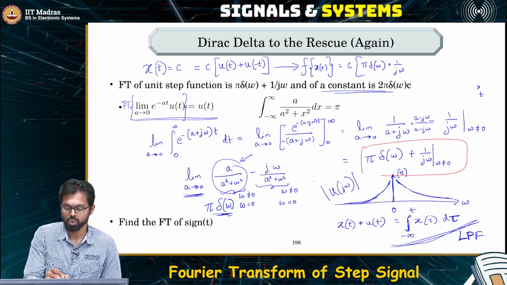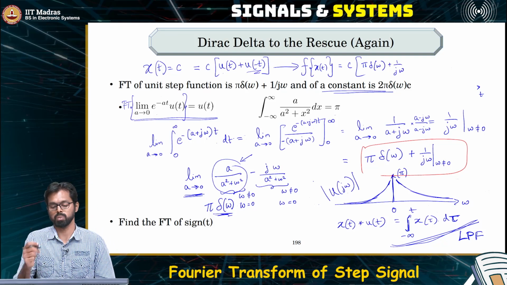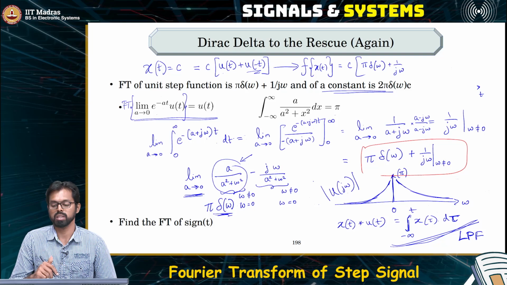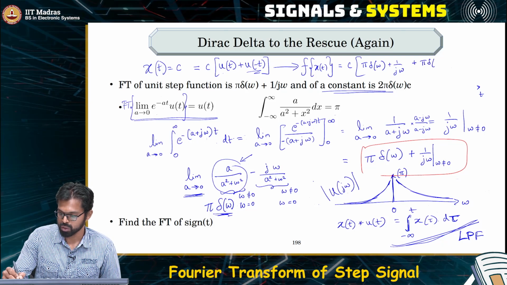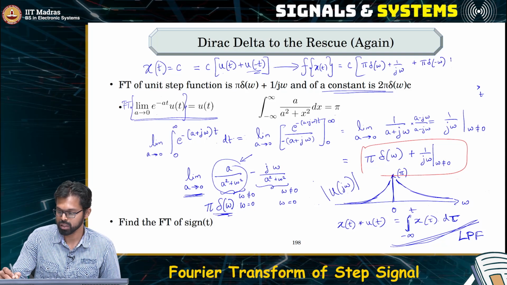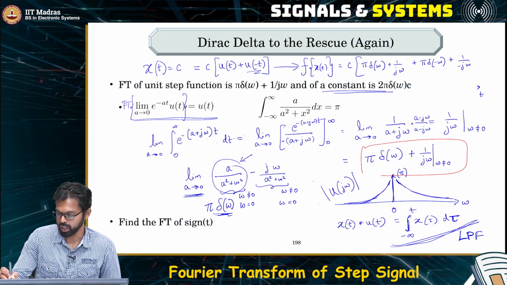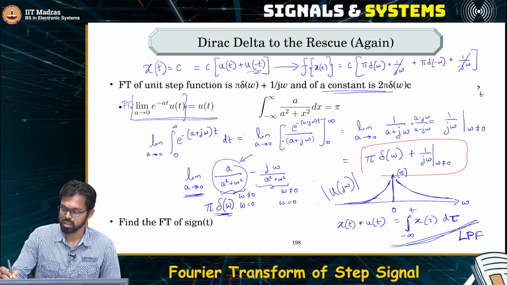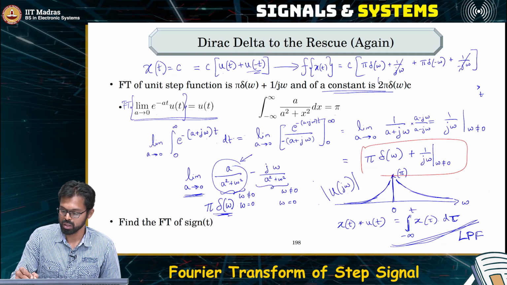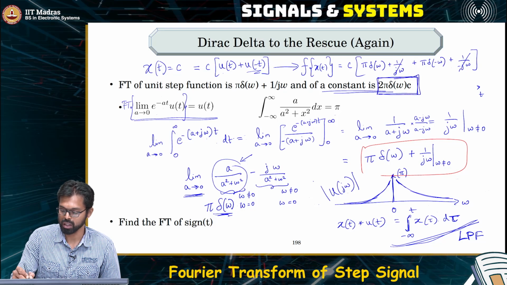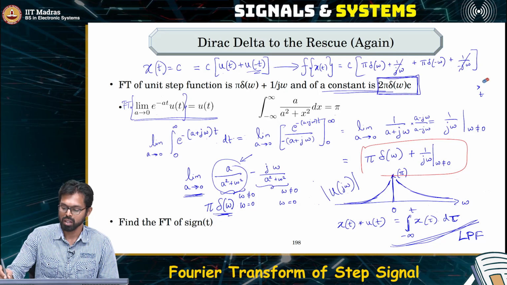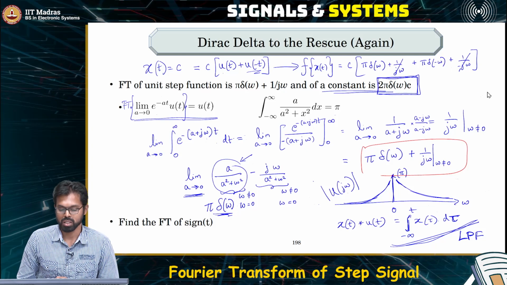What is the Fourier transform of u of minus t? Now we use the properties of Fourier transform. When there is a time reversal, there is a reversal in frequency also. So you get minus omega, plus minus 1 by j omega. These two get cancelled. So we are left with 2 pi delta of omega times c, because delta is an even signal. So this is what we get as the Fourier transform of a constant.